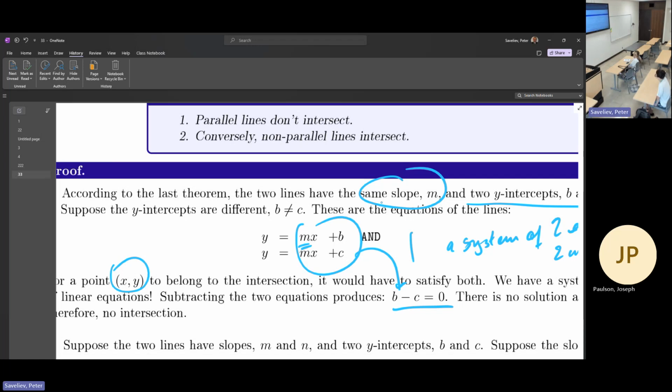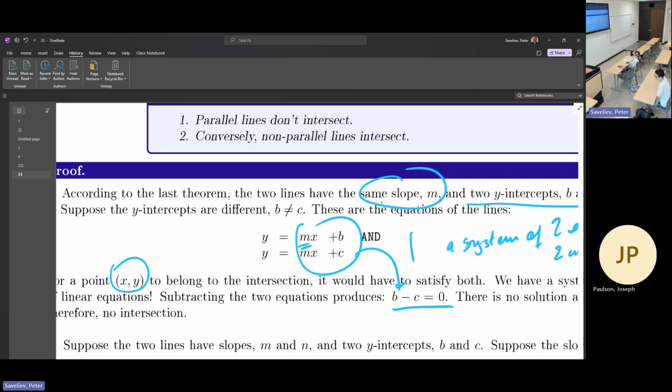So what's the conclusion? We have 2 lines with the same slope but different y-intercepts, b and c. And at the end we demonstrated that those 2 y-intercepts, b and c, are the same. So what's the conclusion? It's the same line.